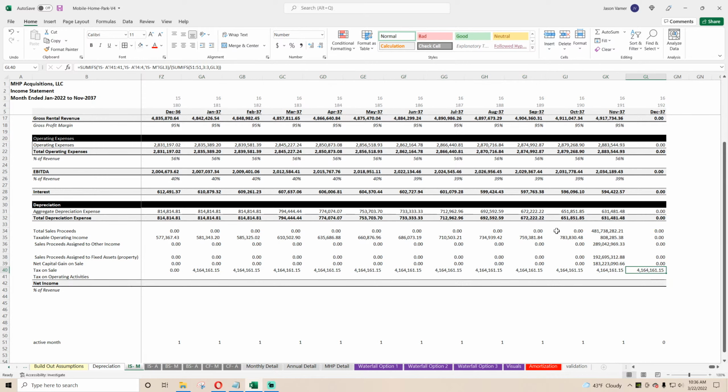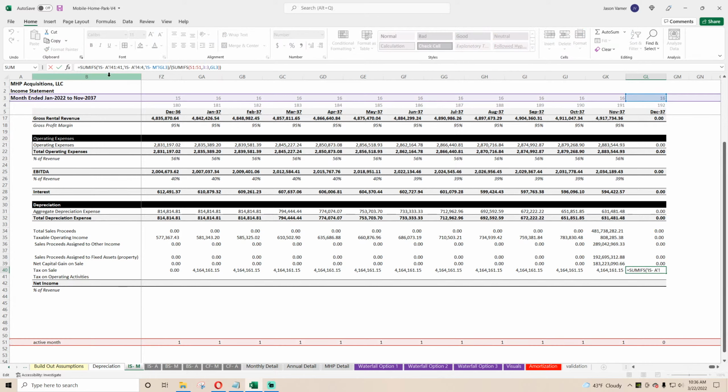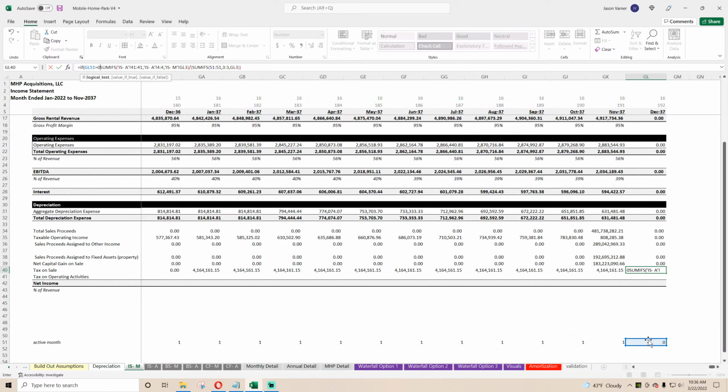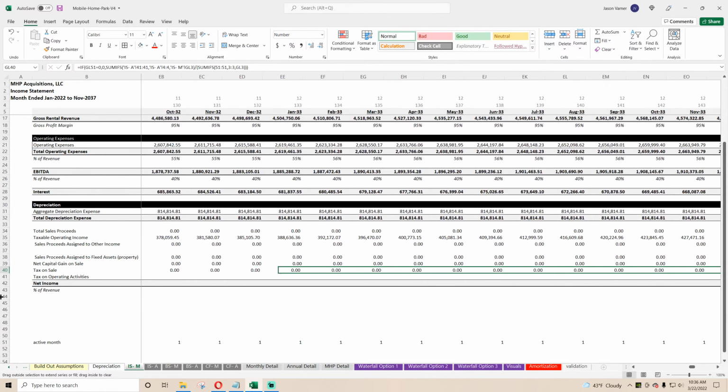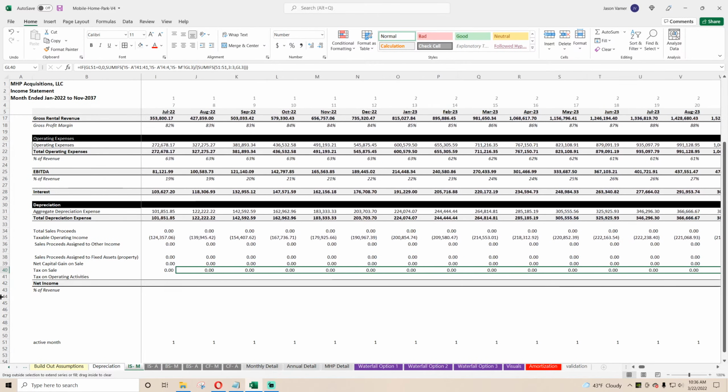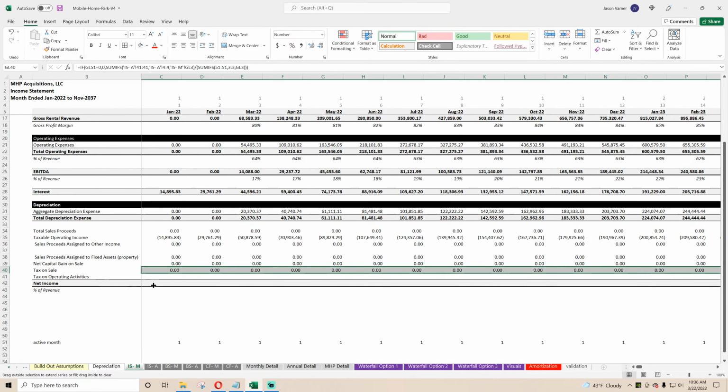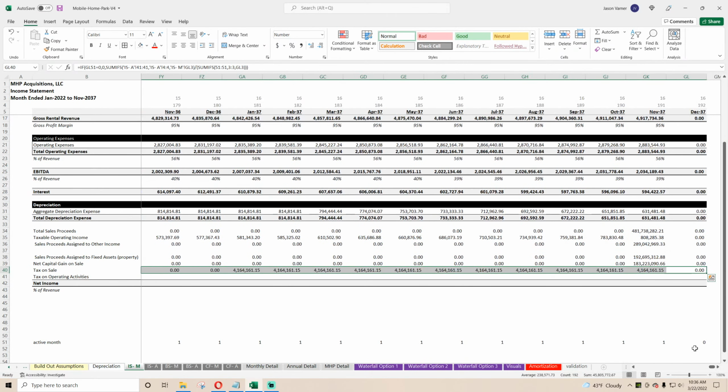Okay, and then we want to say if this equals 0, then 0. So really, the tax on the sale, we're amortizing over 12 months. We don't actually have to do that anymore. We just have to do that with the operating activities. The tax on sale happens in that month.